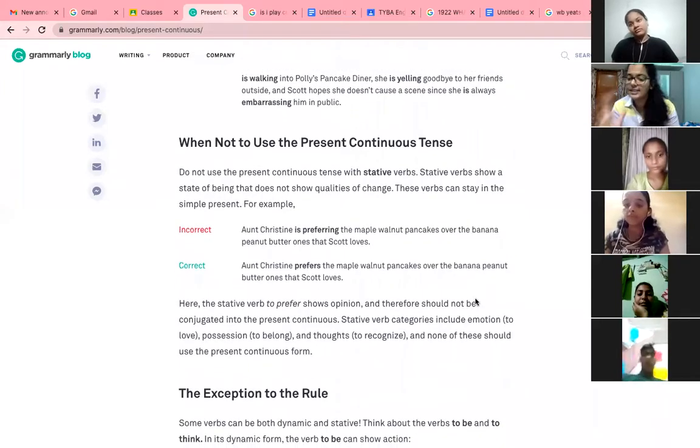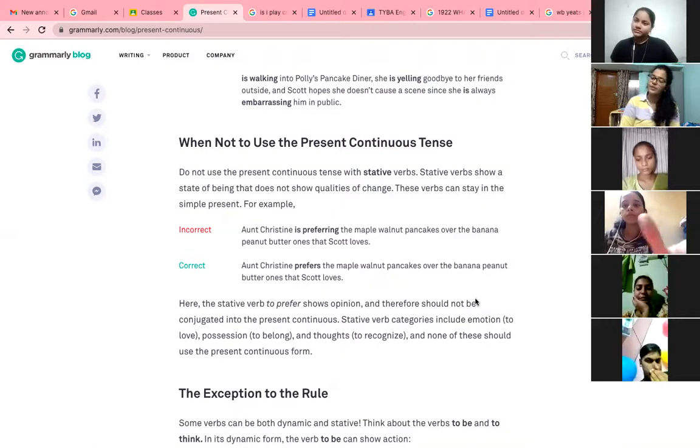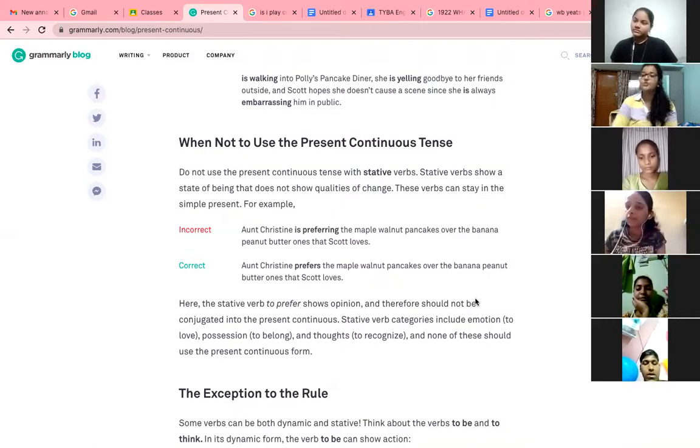Stative verbs categories include emotions: to love, to belong, to recognize. Okay, so it will be describing some state. How? For example, Vaishnavi loves to draw. Okay, Vaishnavi loves to draw and is going to be doing a drawing for us today.